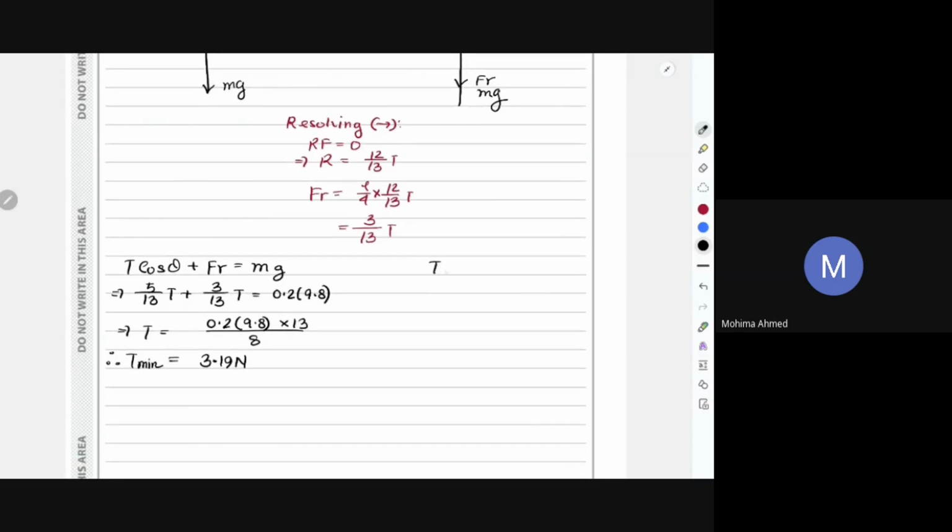So you have T cos theta equals mg minus T, so plus friction.